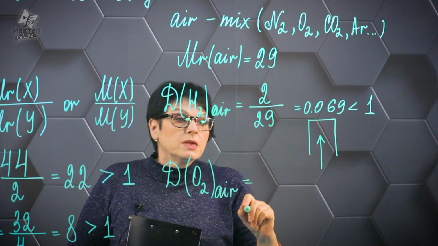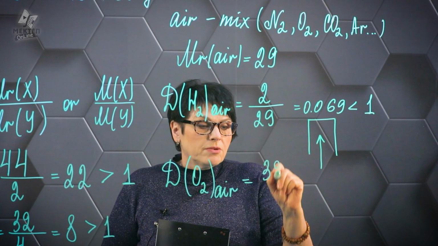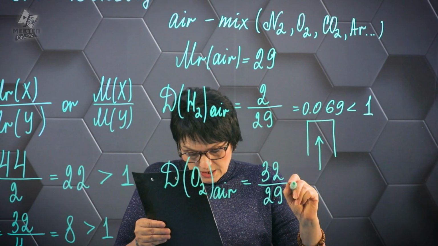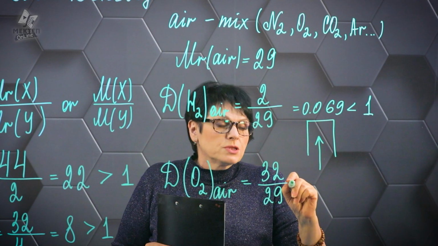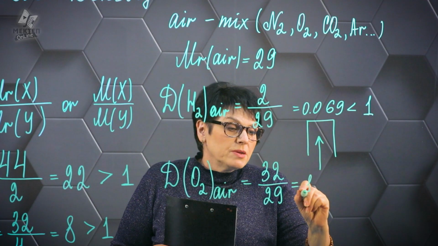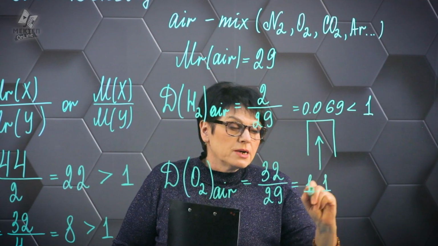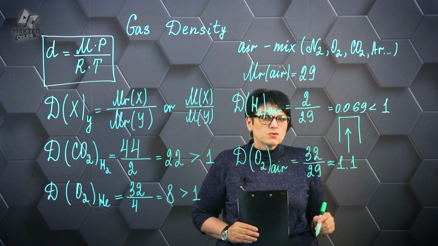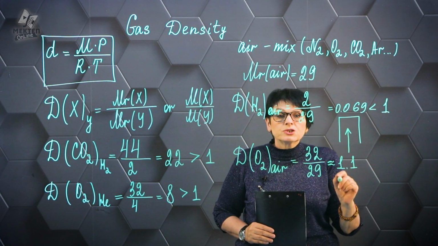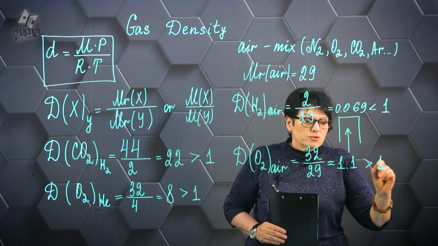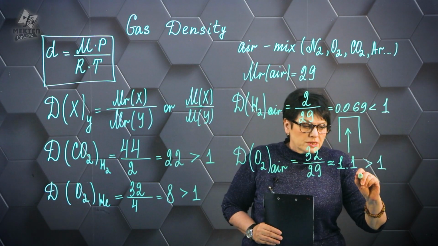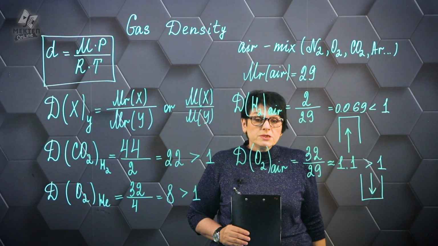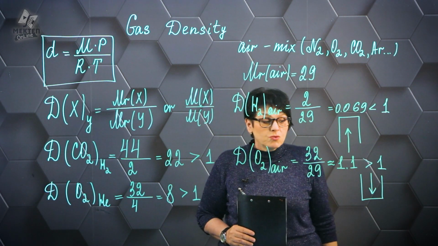That would be 32 to 29, and this value will be about 1.1. It turns out that the density of oxygen in relation to air is more than 1, and since it is more than 1, oxygen should be collected in a vessel located with the bottom down. So if we filled a balloon, for example, with oxygen, this balloon would not rise to the top.